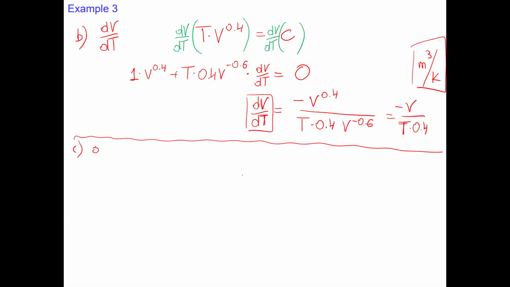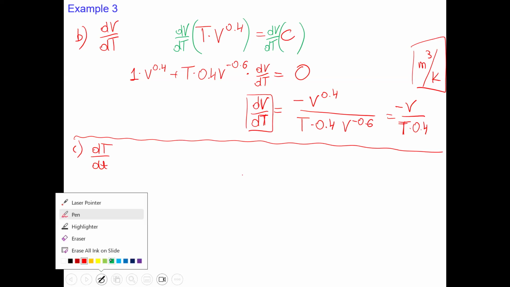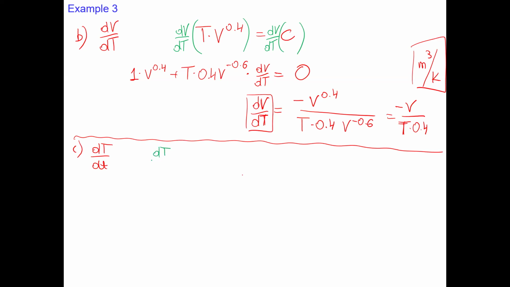That means let's see the rate of change of the temperature with respect to time. We will differentiate temperature with respect to time, but both of them, T and V, depend on time. And we have T times V to the power of 0.4 equals a constant. We use implicit differentiation.